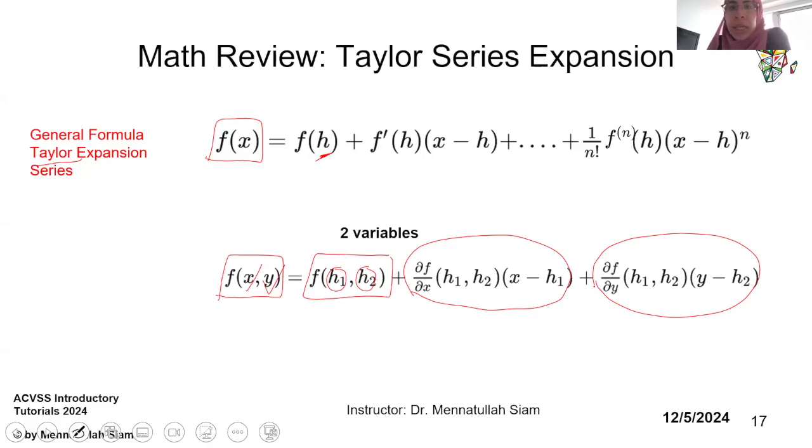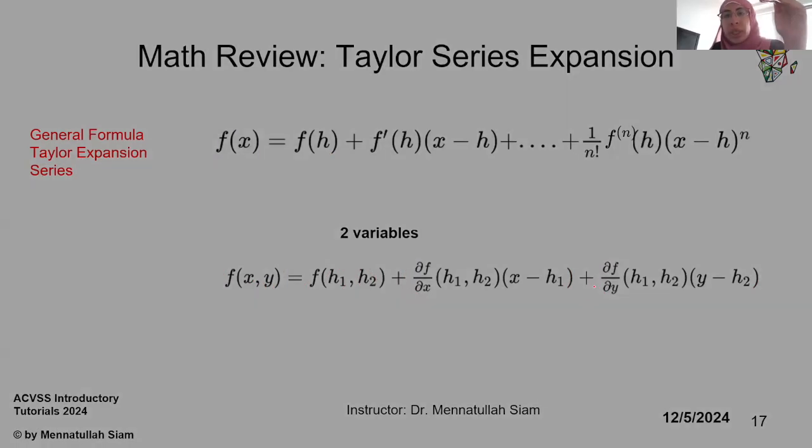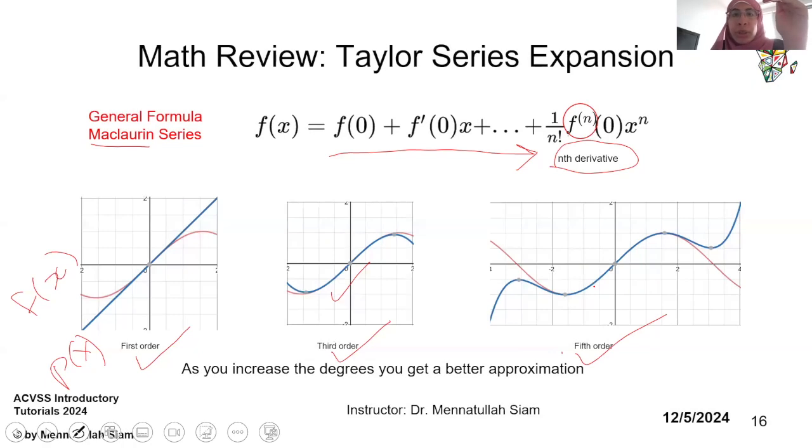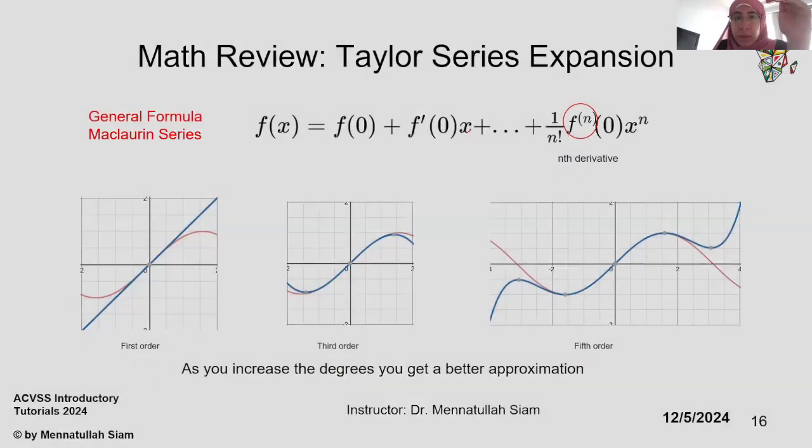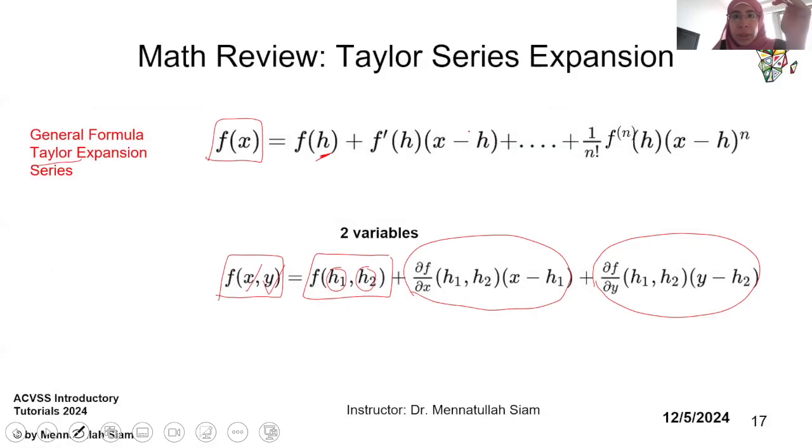Again, I'm trying to build up your intuition. Remember, here I just went from the Maclaurin to the Taylor and added the difference. You can say that this is the delta x. You'll have delta x squared until delta x to the power n. And here I have delta x and delta y because I have two variables.